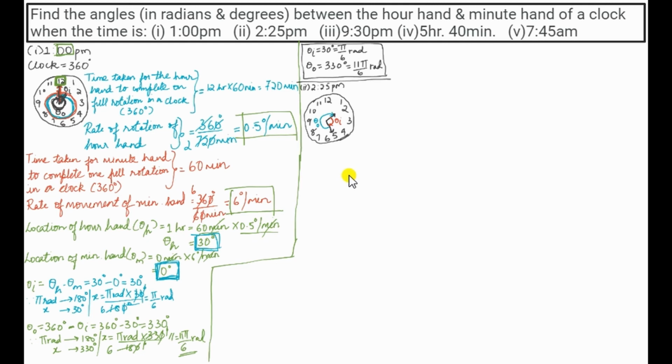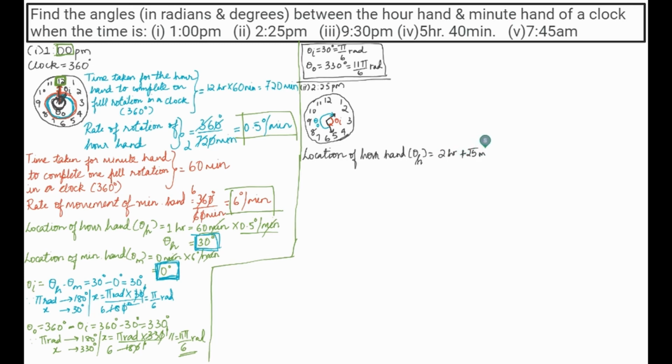So here I'll be writing down the location of our hour hand, that is theta h is equal to, so here the time is 2 hours and 25 minutes. So our hour hand has moved 2 hours plus 25 minutes.